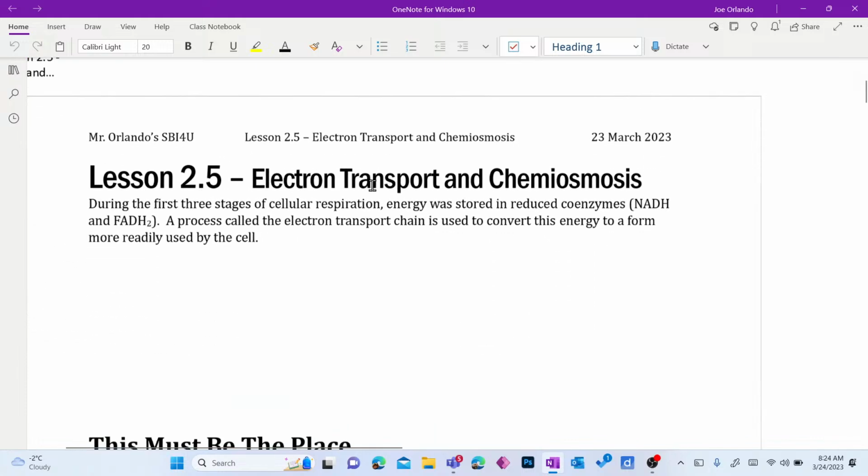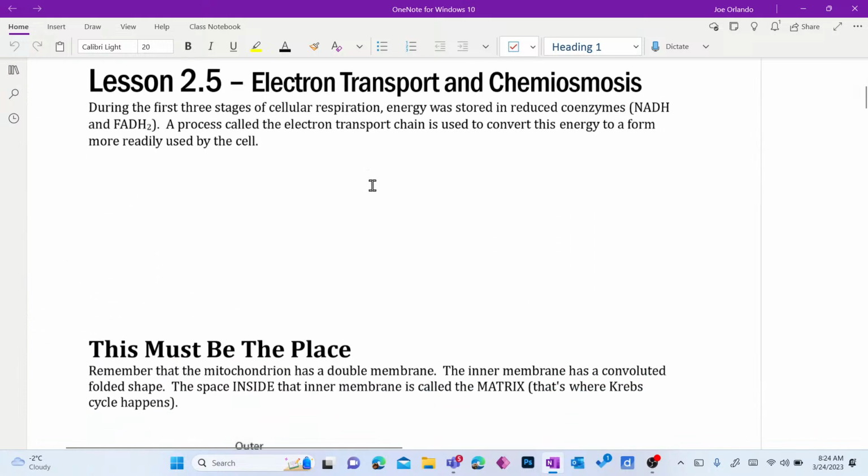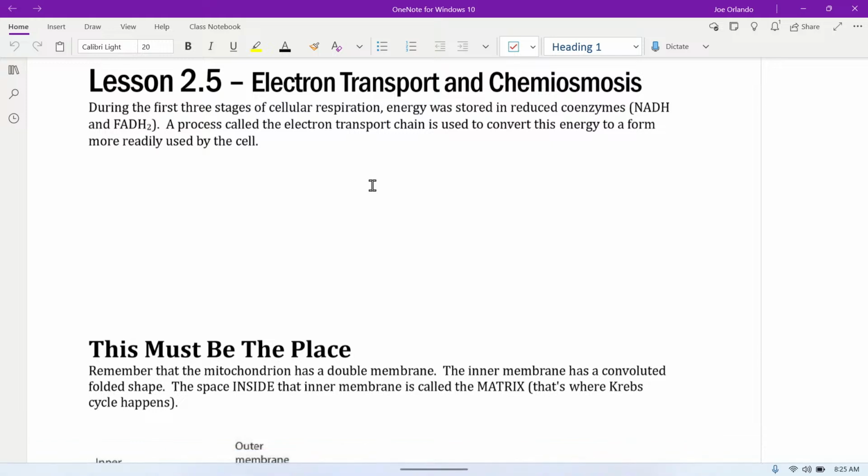In the first three stages of cellular respiration, we stored energy in reduced coenzymes, NADH and FADH2. And I should say that obviously is in addition to what? What else do we store energy in as we go through the processes of glycolysis and pyruvate oxidation and movement into the mitochondrion, and then finally Krebs cycle?